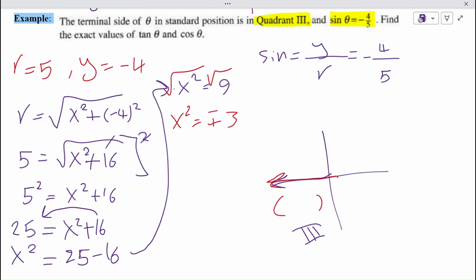And y in the third quadrant is negative too. Okay, y and x are negative, so we have to use the negative sign.